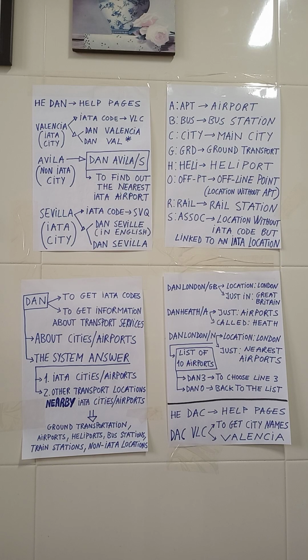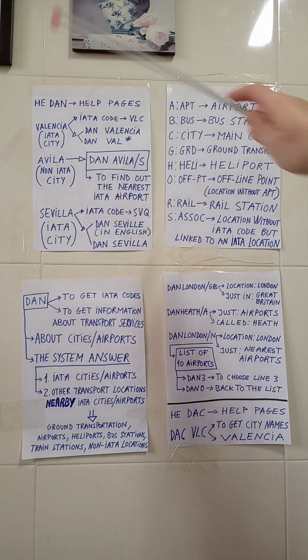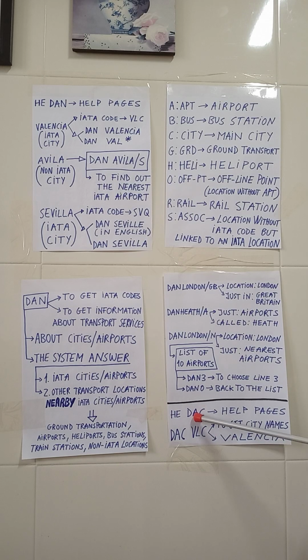In today's video I am going to talk about DAN and DAC codes, which are used to encode and decode city and airport names. In both cases, the system will give us complementary information about other locations with land transport, heliports, train stations, bus stations, cities that are not IATA or other airports.